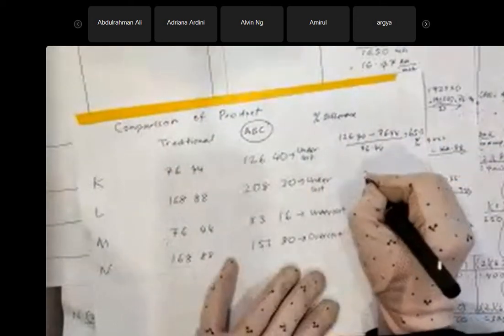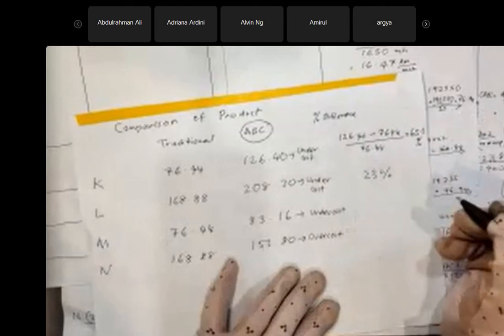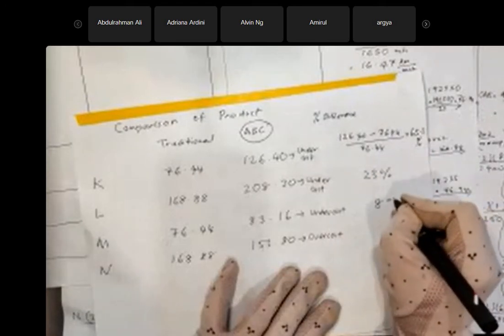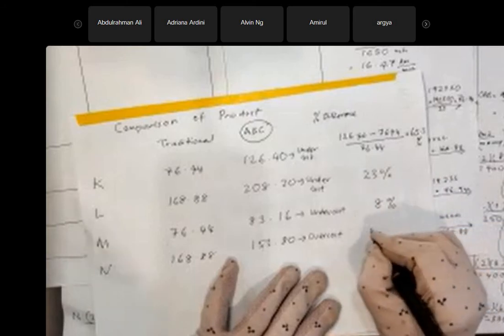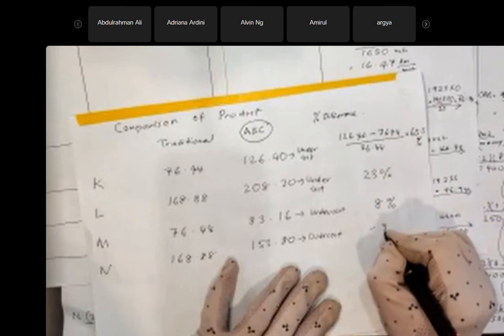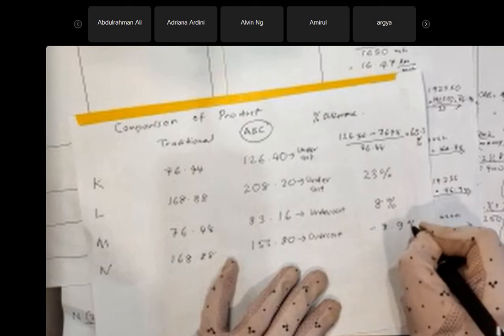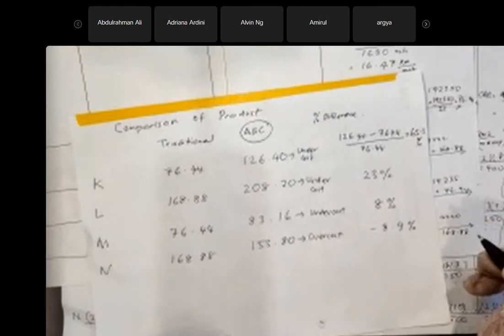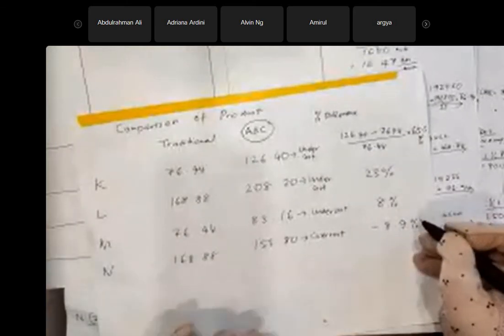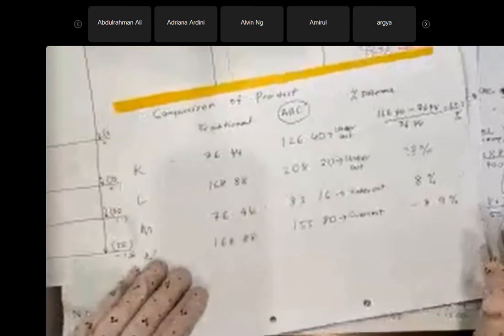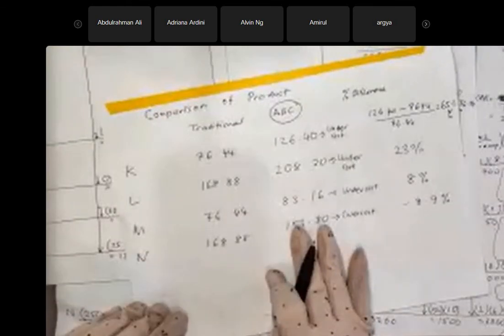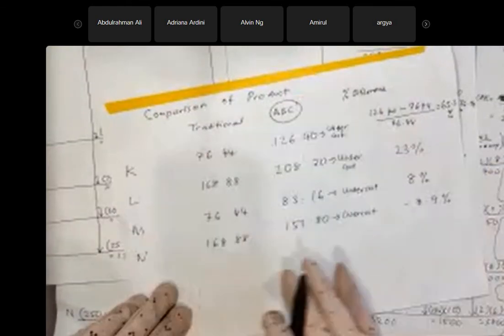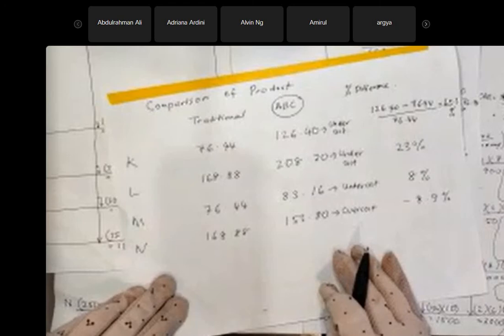For this one it is 23%, 8%, and negative 8.1%. Now you can see how to compare. This is the method of comparison.